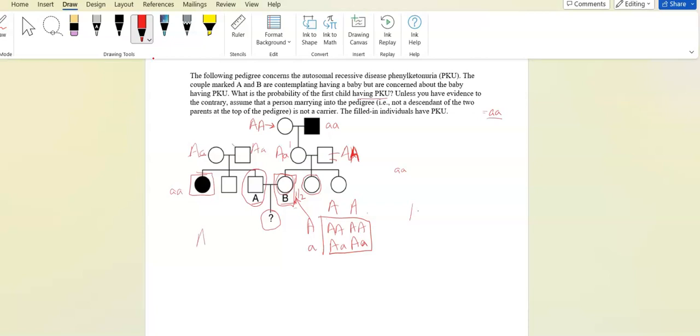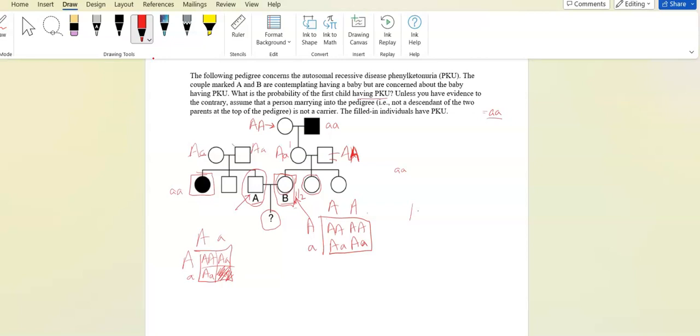So we have two heterozygous individuals. Again, remember when we did the crosses and could eliminate a possible outcome because it was embryonic lethal. This is not possible, because we know this person is not filled in.